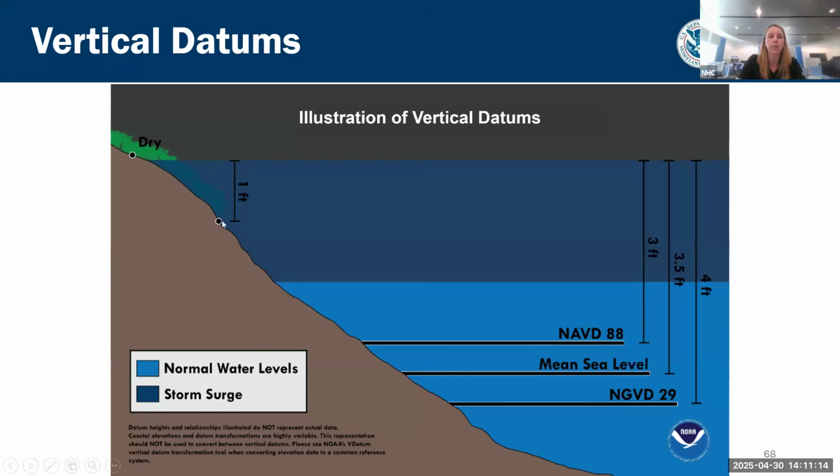So this water level, if you see a forecast from the National Hurricane Center, it would be described as 1 foot above ground level at that point. But you'll notice that there is a point here on the beach that's dry, and so that inland extent is going to be shown in some of our graphics as well that you can take a look at. But we are going to be giving in our forecast and distributing information as above ground level.